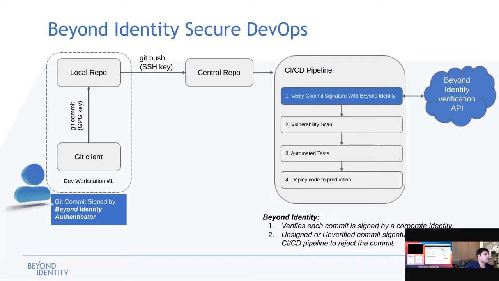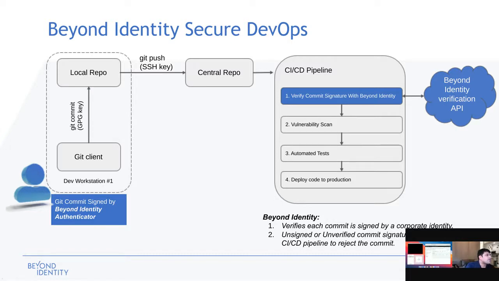Let me walk through what our pipeline looks like now. I've configured the CI/CD pipeline for this repository to always verify that the code was signed by the Beyond Identity authenticator. And I include that as the first step in the pipeline. And if the code wasn't signed by the authenticator, then we're going to reject it and none of the other steps in the pipeline will go through.